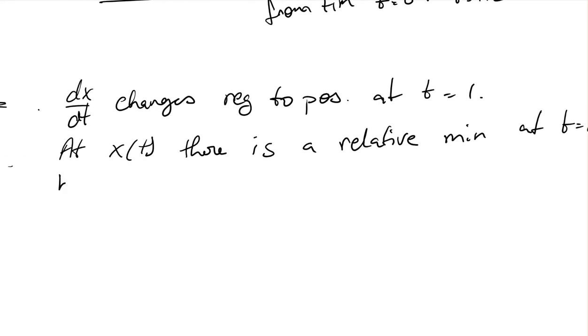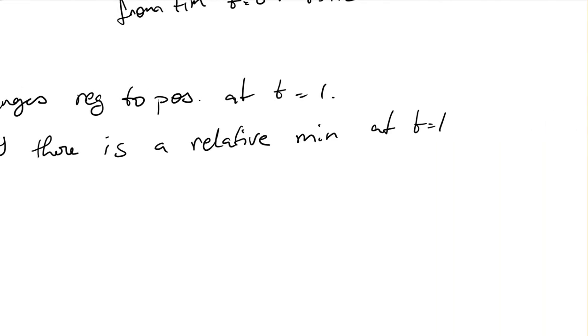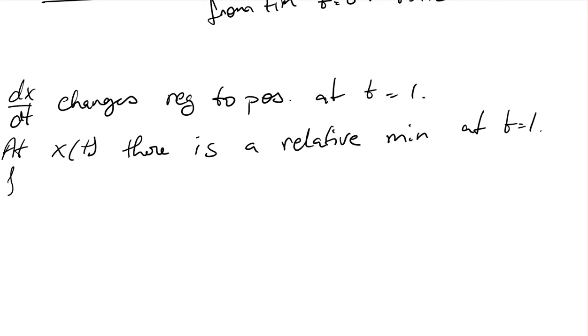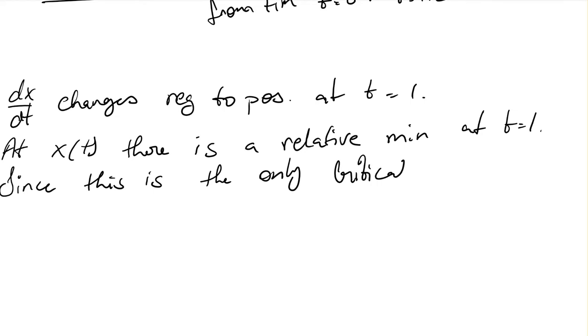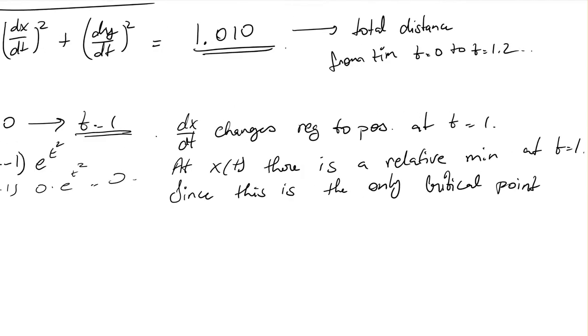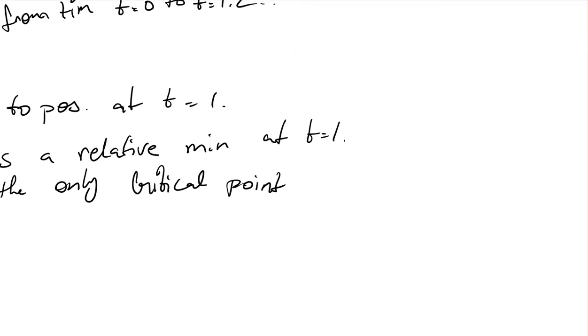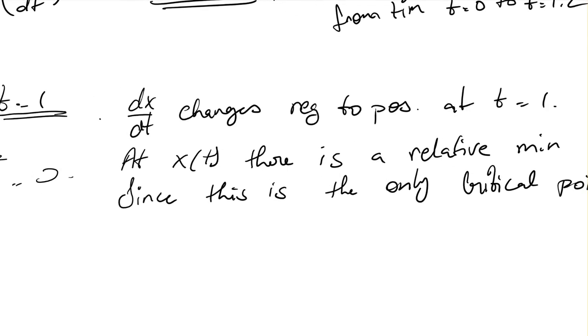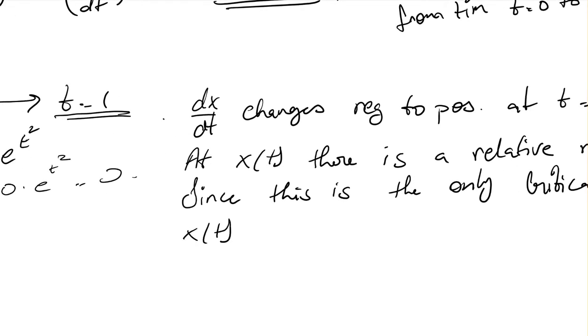But the main point is, since this is the only critical point, because there are no other values where dx/dt equals 0 except t equals 1, at t equals 1, x(t) has an absolute minimum.